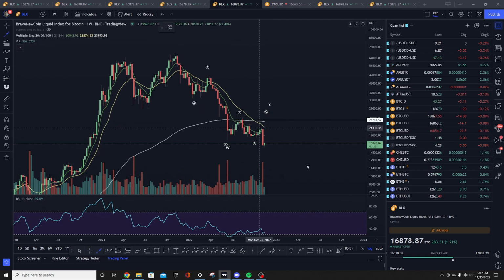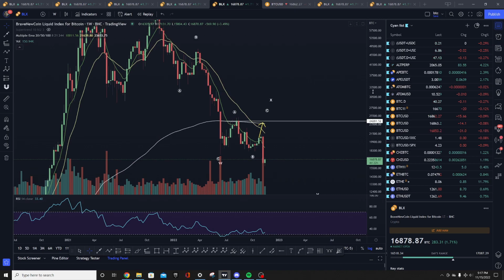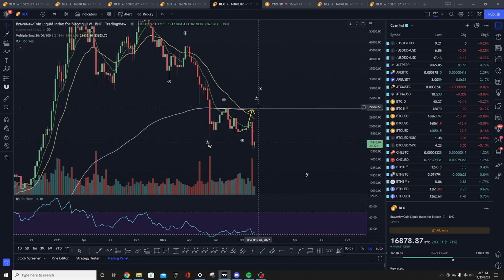So before this red candle, I thought we were going like this. The reason for that is because stocks were also looking good and going up. After that CPI print where it was bullish, I was thinking, oh okay, it looks like stocks and cryptos are going to move together up.